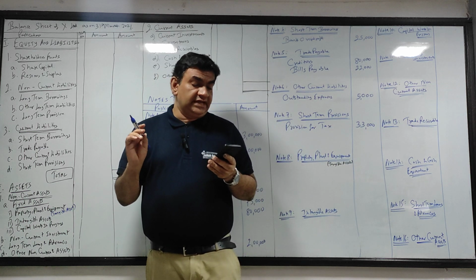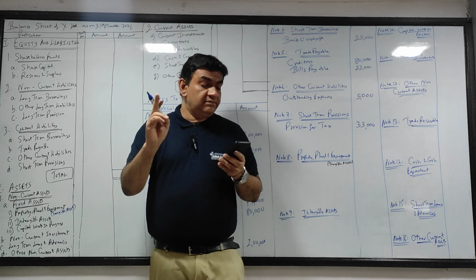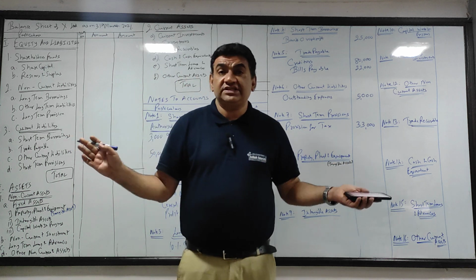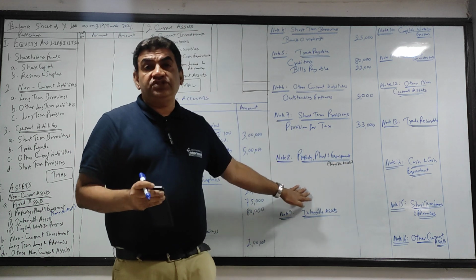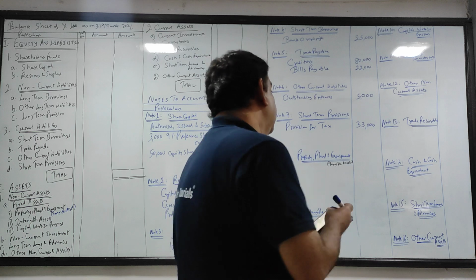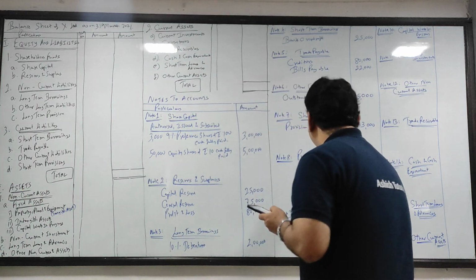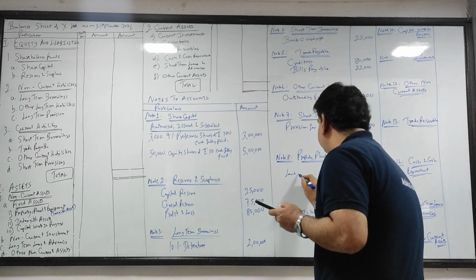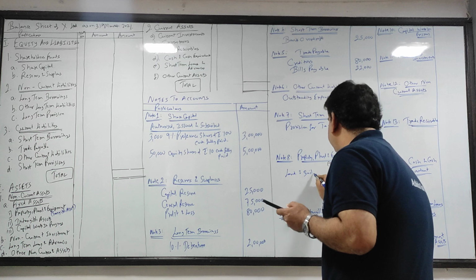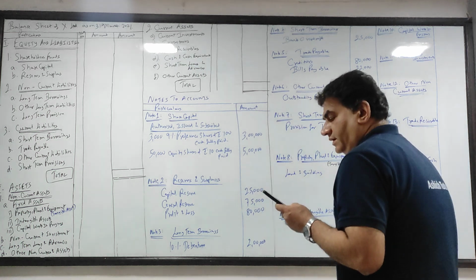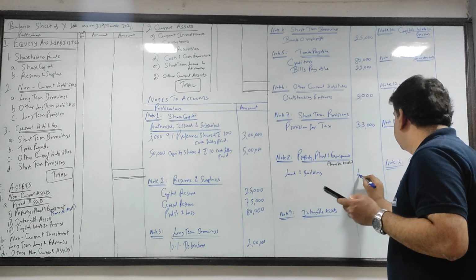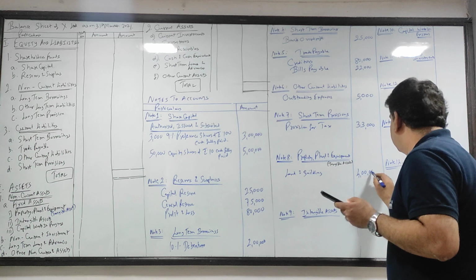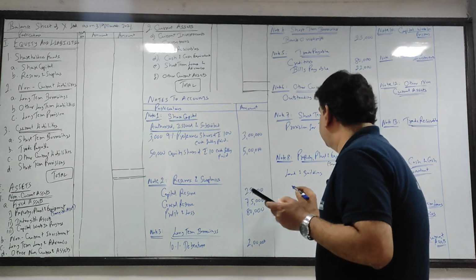Okay, next, land and building, plant and machinery, furniture. We discussed all three are part of tangible asset or property, plant and equipment. Come here. Land and building 4 lakhs.